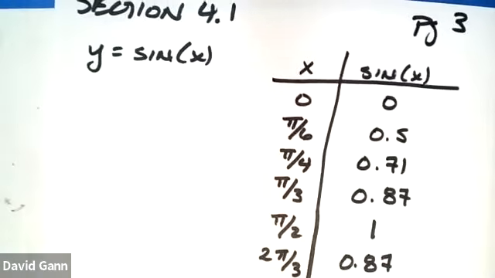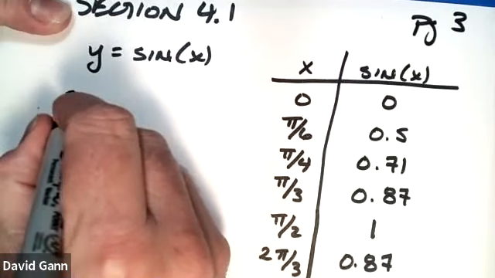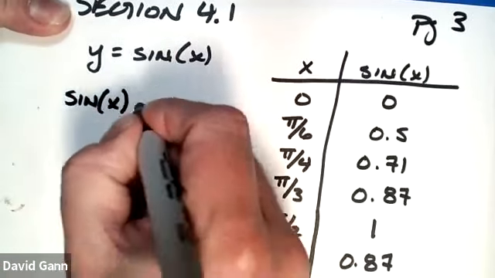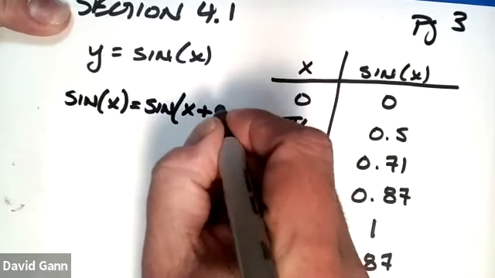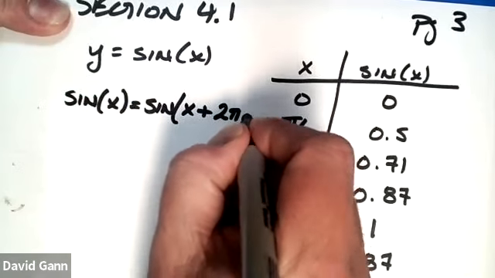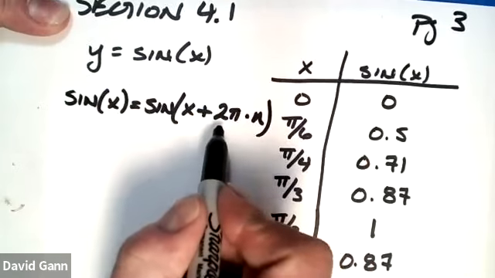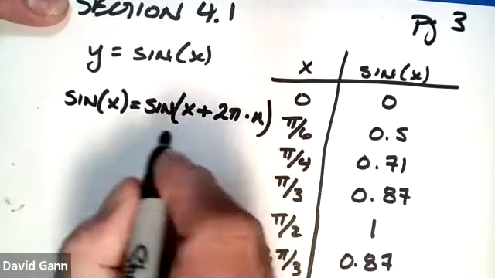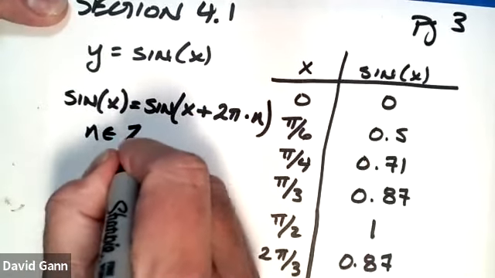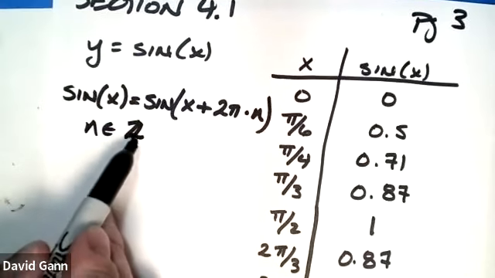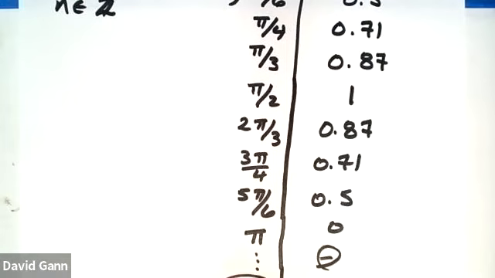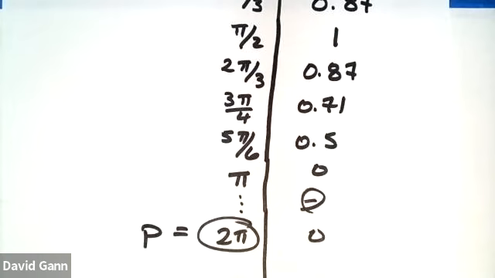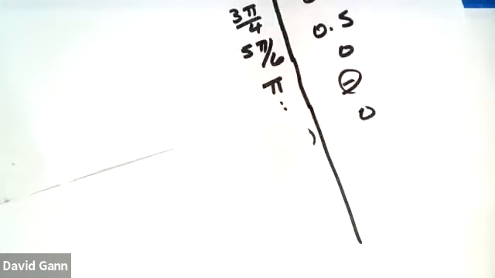And thus we can create this equation: sine of x is equal to sine of x plus 2 pi times n. This is our p value, and that's our n, where n is some integer. And that's the symbol for integers, that bold Z, which I think you may have seen before. Okay, so now that we have those values, let's try to graph the thing and see what it looks like.